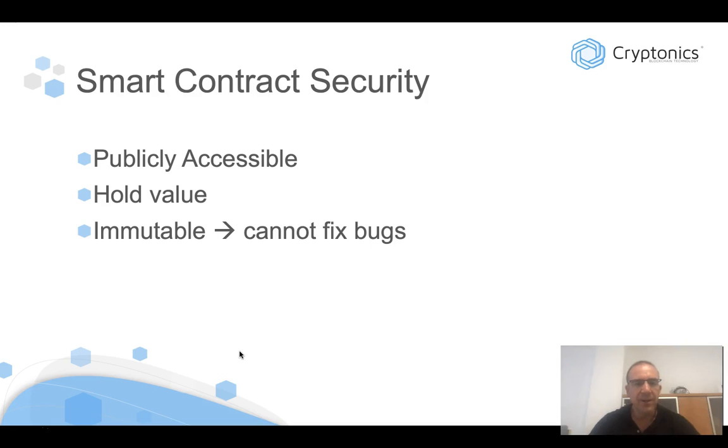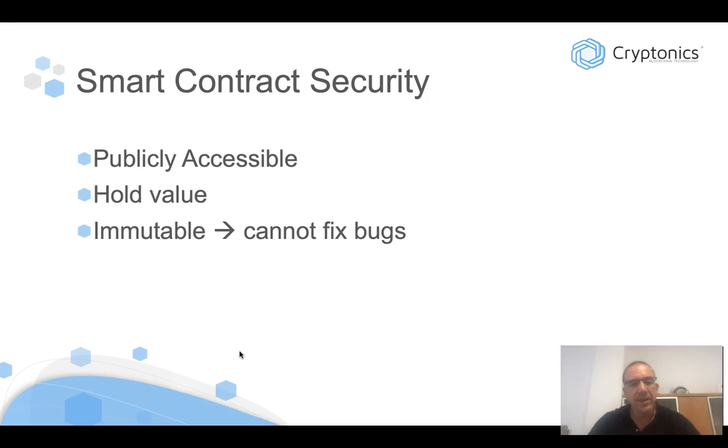The smart contract can actually have a balance which can be attacked or removed if there are security issues. And importantly, they're immutable, which is very important for smart contracts to work. Once a smart contract is deployed, it shouldn't be possible to change its terms.